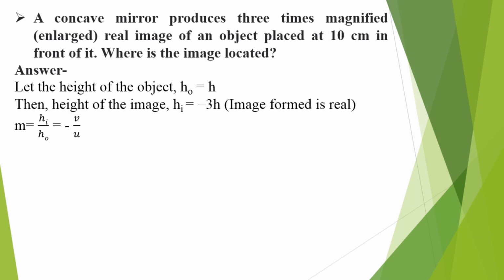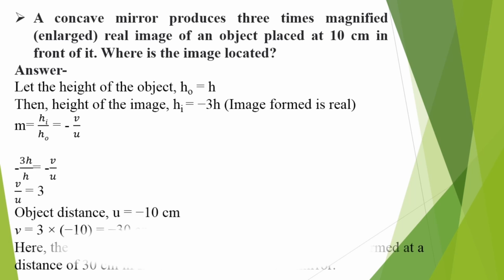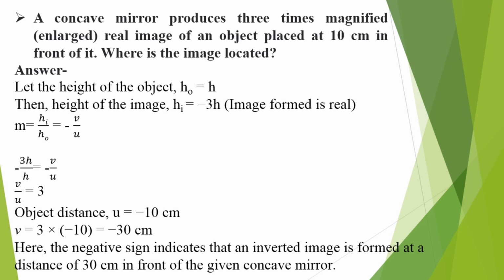So m is equal to hi by h naught is equal to minus v by u. That is the magnification formula. So substitute the values of hi and h naught. Minus 3h divided by h is equal to minus v divided by u. So we will get v by u as 3. Object distance u is equal to minus 10 centimeter.